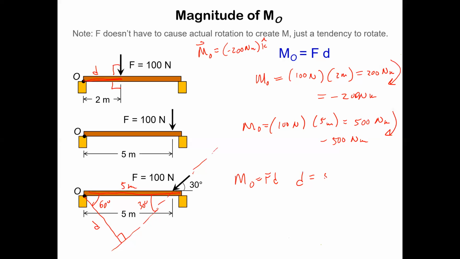Yeah, it's 5 times the sine of 30 degrees, right? Which is 2.5 meters. So then MO is 100 newtons times 2.5 meters, which is 250 newton meters.